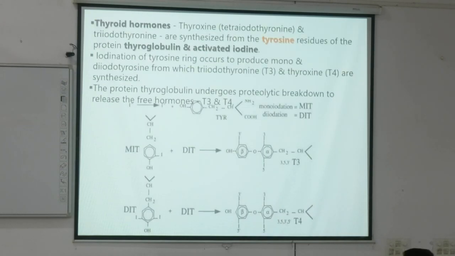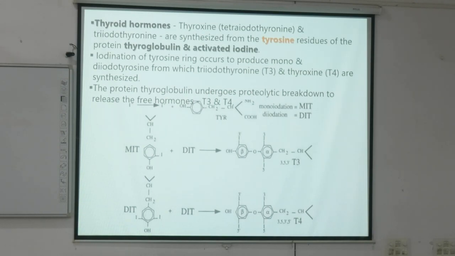Then comes, finally, thyroid hormones. The tyrosine residues that are present in the thyroglobulin proteins are iodinated to form MIT, that is monoiodotyrosine, diiodotyrosine and tetraiodothyronine.